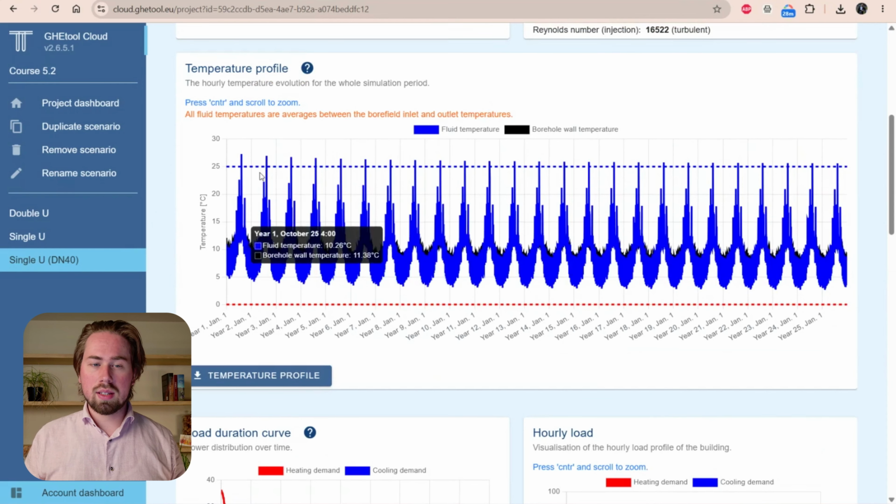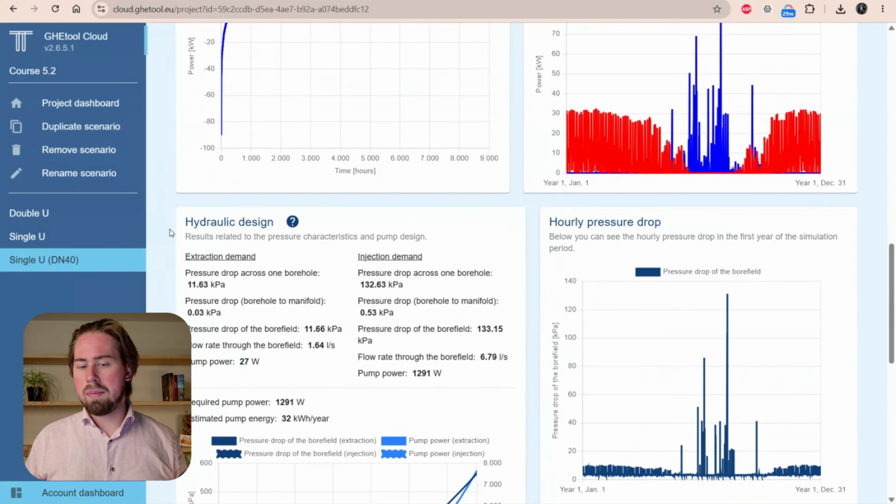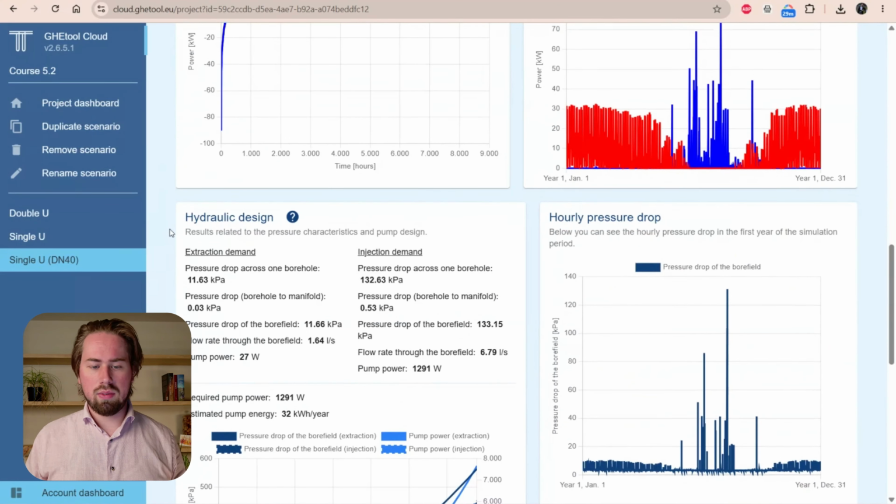We cross the limit a little bit here for this design, but you can already see that depending on your particular situation, it can happen that the single DN40 is actually better thermally and hydraulically. So that's very interesting indeed.